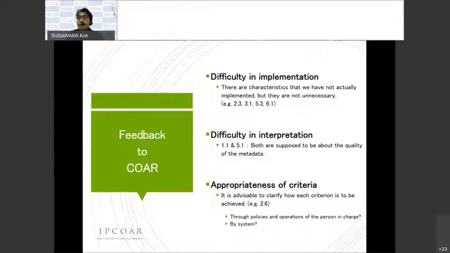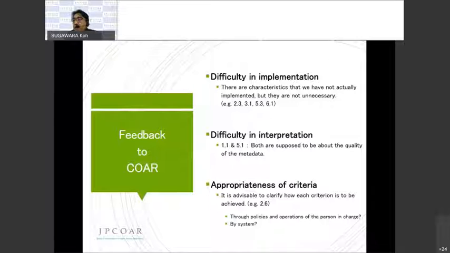But since 1.1 is a criterion from the viewpoint of discoverability, and 5.1 is a criterion from the viewpoint of quality assurance, I think it would be good to create the checklist with that background in mind.